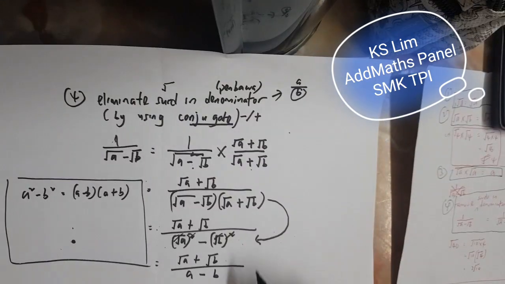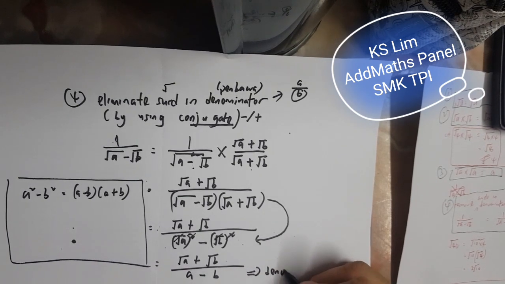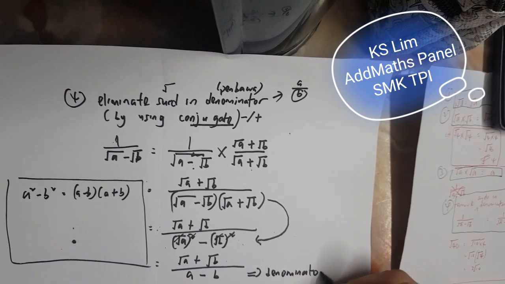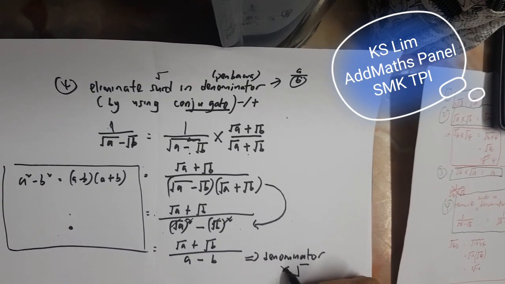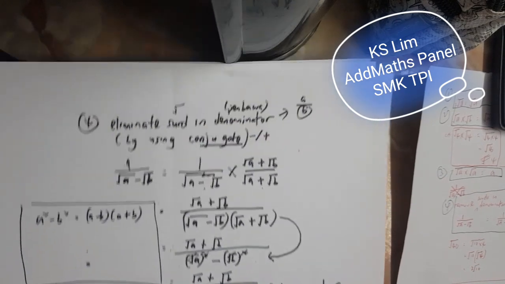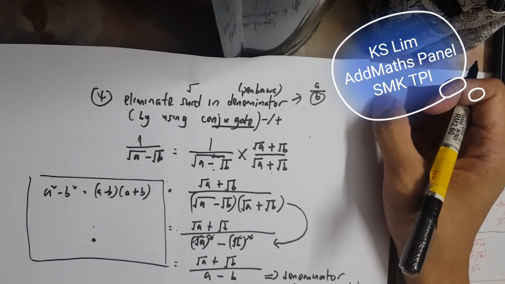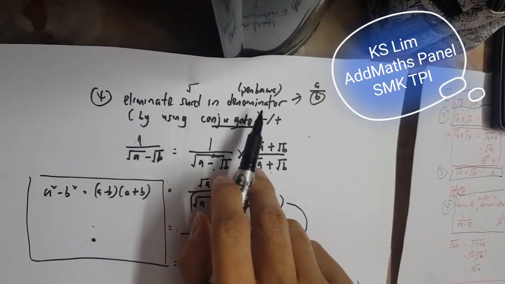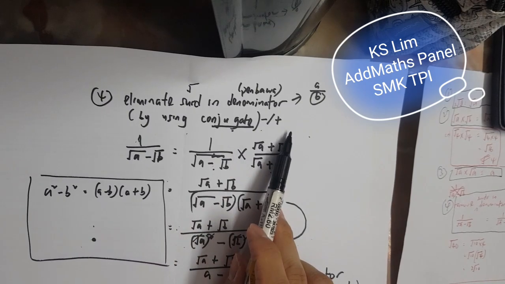Now at this part, the denominator has no surd anymore. The surd is gone. So the concept, I repeat: conjugate. Eliminate the surd in the denominator by using the conjugate, minus and positive.